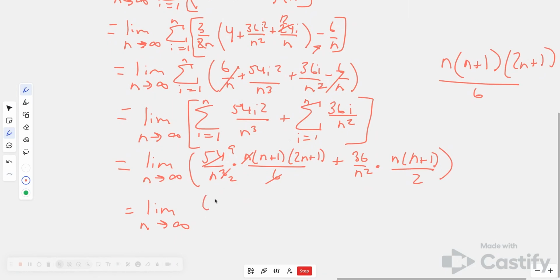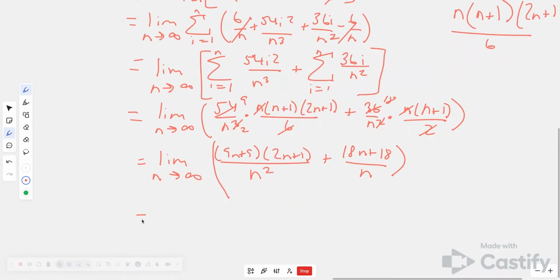So we get 9n plus 9 times 2n plus 1 over n squared. And then here we can cancel out the 2 and the n, and we can also distribute that as well: 18n plus 18 over n.